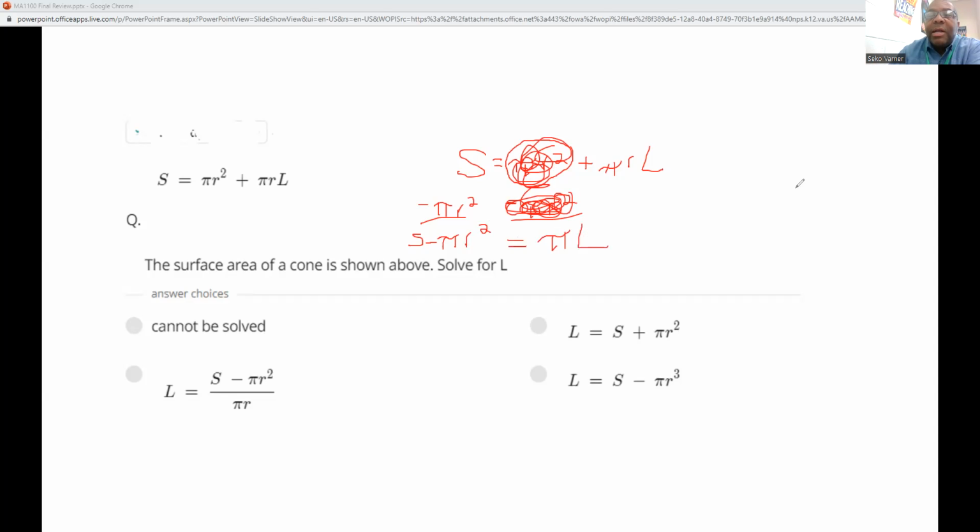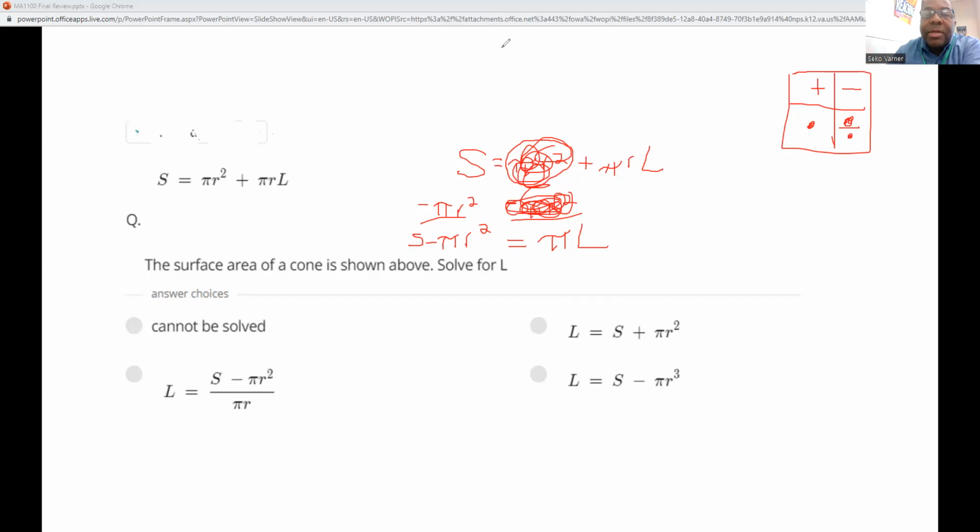times L. Now, remember when we've talked about the inverse operations? The opposite of plus is minus. The opposite of multiplication is division, right? Hopefully you remember. Well, pi times L is times.